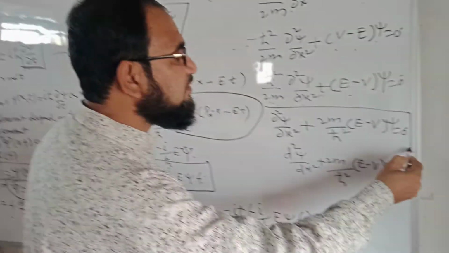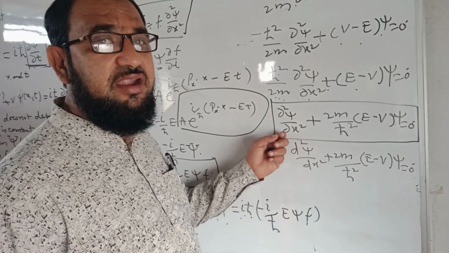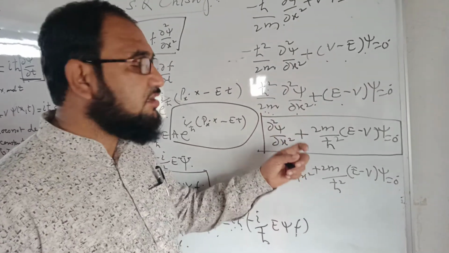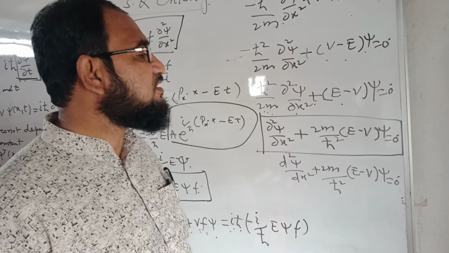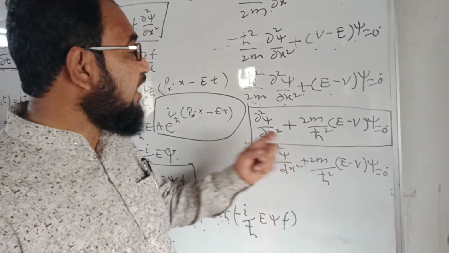So this equation is called Schrodinger's time independent equation, because in this equation I eliminated the term representing time. Therefore this equation is called the Schrodinger time independent equation.